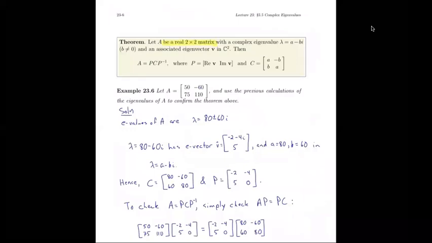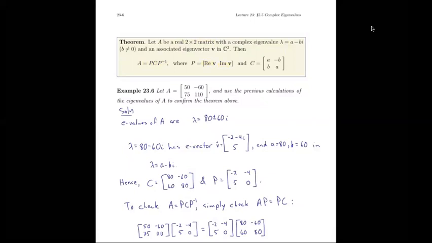If A is a 2x2 real matrix and has a complex eigenvalue lambda equals a minus bi, with b non-zero, in other words, it's strictly complex and not a real number, and it has an associated eigenvector v in C2, a 2-vector with complex entries, then A decomposes into P C P inverse, where P we can build by taking the real part of v and the imaginary part of v.